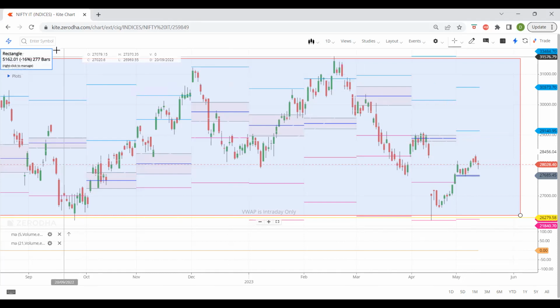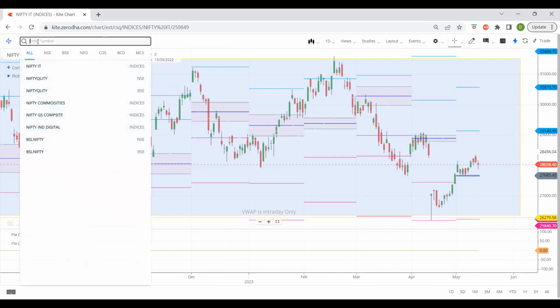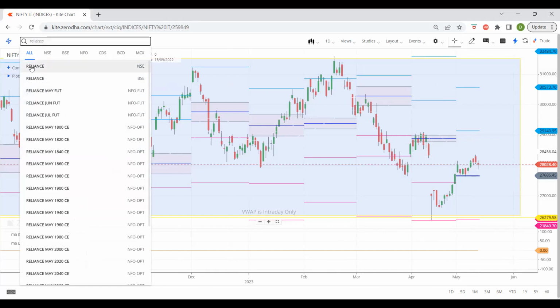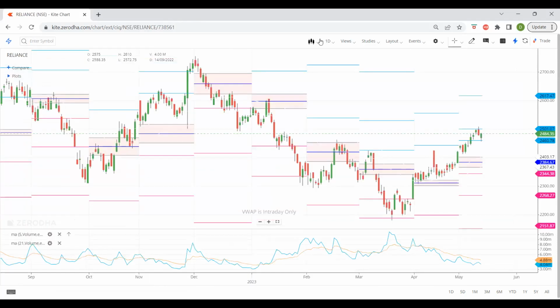So let's see what the third main component is doing, Reliance. Reliance is not that bad. The charts are slightly bullish, definitely bullish compared to the Nifty IT.